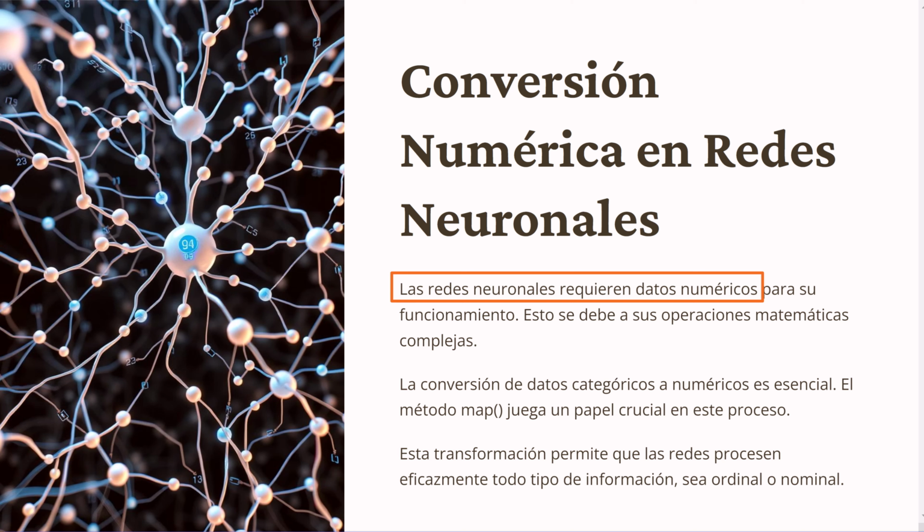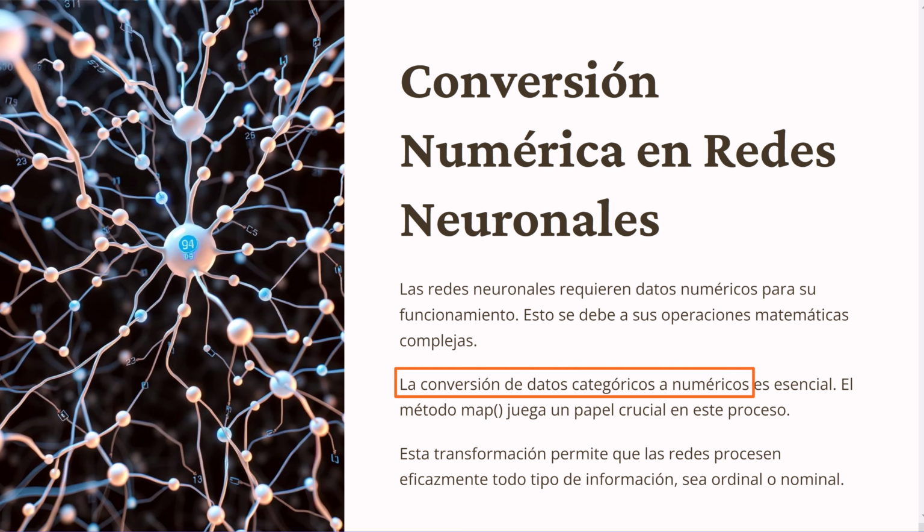Neural networks operate by performing complex mathematical operations, such as matrix multiplications and weighted sums, which makes it mandatory to convert all inputs into numerical types. So any categorical data, whether ordinal or nominal, must be converted to a numerical format before being used in training. Hence the importance of this map method.